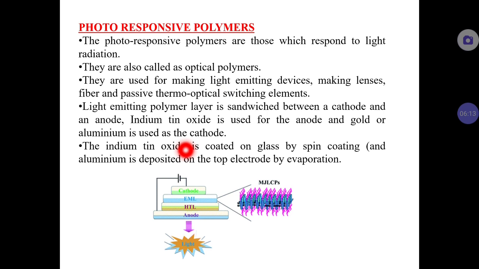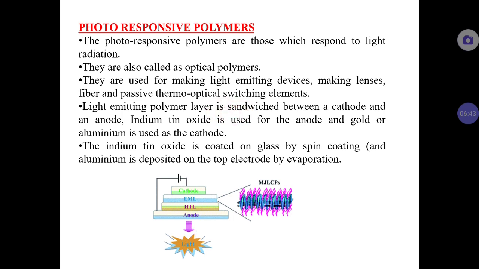Light emitting devices can be made up of light emitting polymers, of these photoresponsive polymers, which in certain places are also mentioned as semiconducting polymers. They are used to make light emitting devices, lenses, fibers and passive thermal optical switching elements.